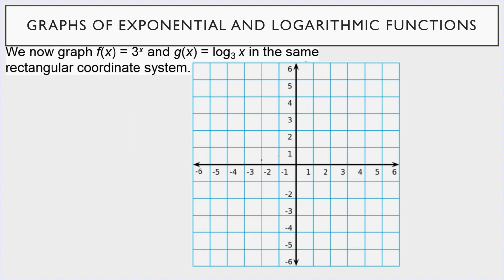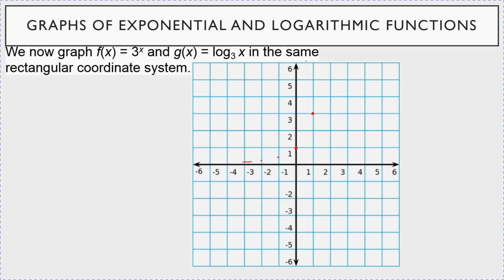Very rough points here. It's hard to get these perfect. When I plug in 0, it's 1. When I plug in 1, it's 3. And then if I had done 2, it would have been 9.